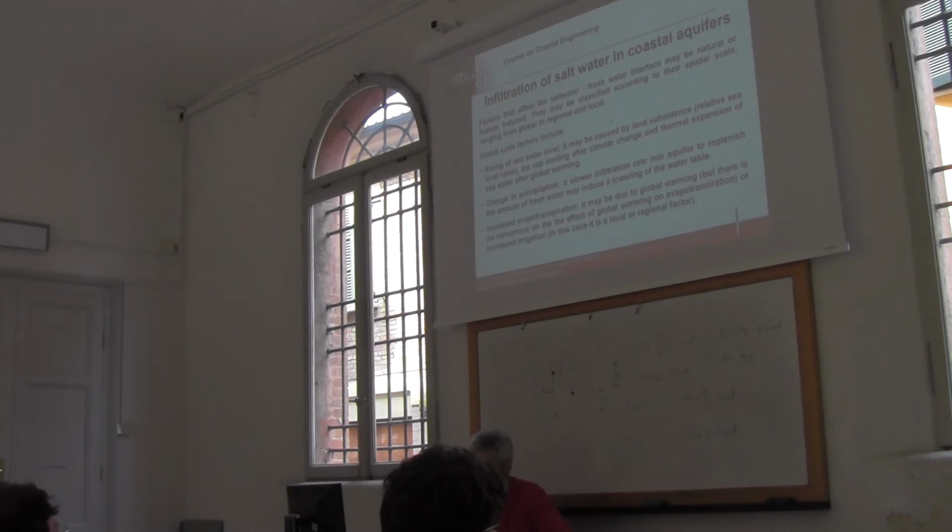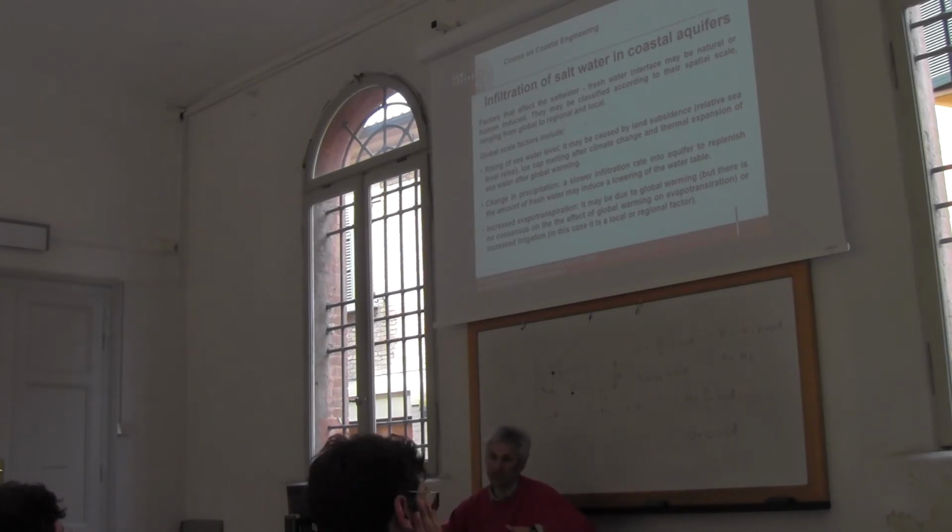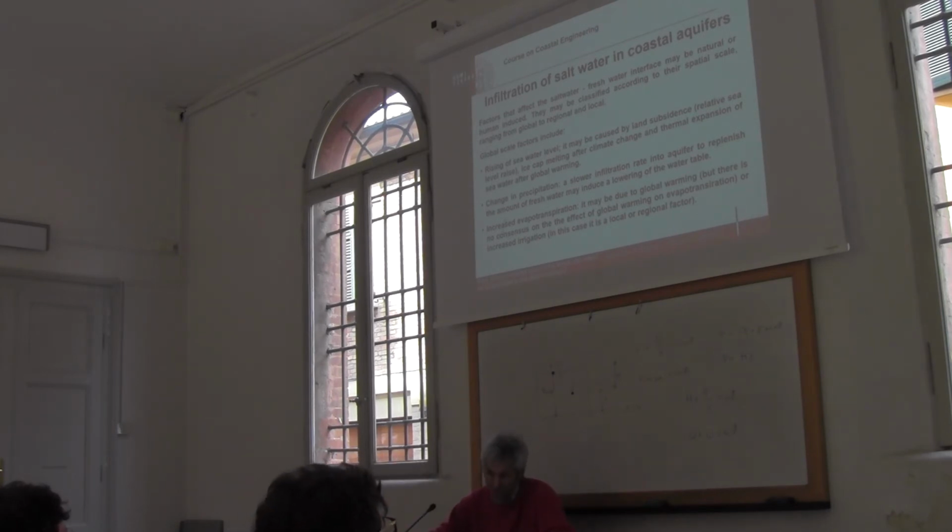Now you have some discussion of the causes of infiltration of salt water in coastal aquifers, which we already discussed, which may be a raising of seawater level, change in precipitation, increased evapotranspiration. We didn't discuss this: if you have increased evaporation from global warming, it means that you may have a lower elevation of fresh water, and then you may have saltwater intrusion.